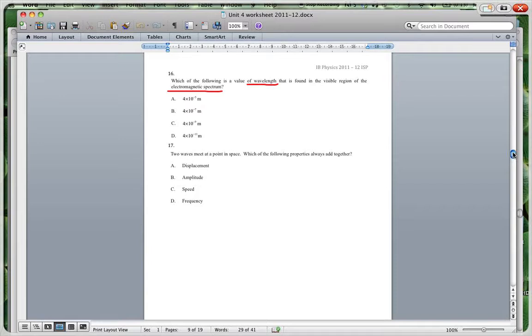It's going to be B. The range is always about 400 nanometers. It's usually in the nanometer range, which is 10 to the negative 9. So you've just got to have an idea of that, and know your electromagnetic spectrum reasonably well.